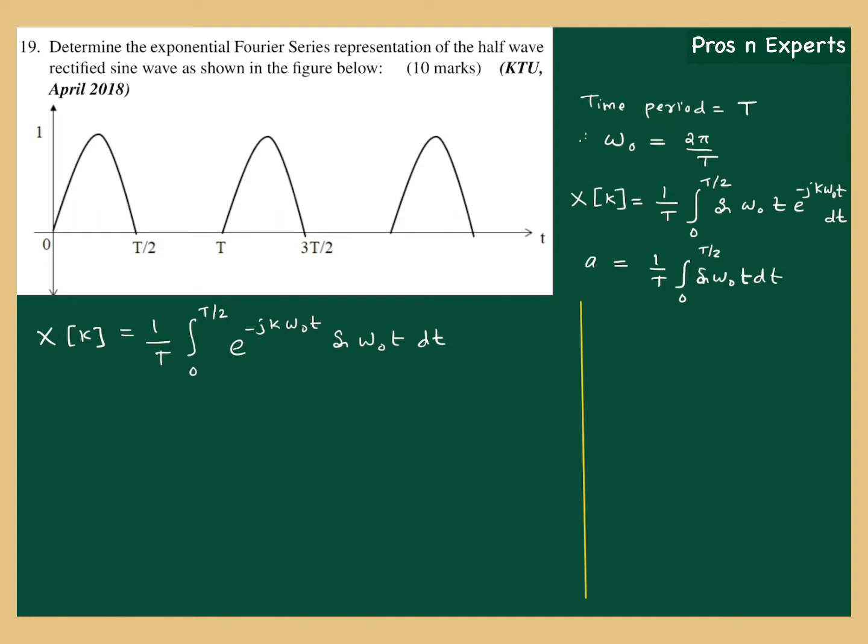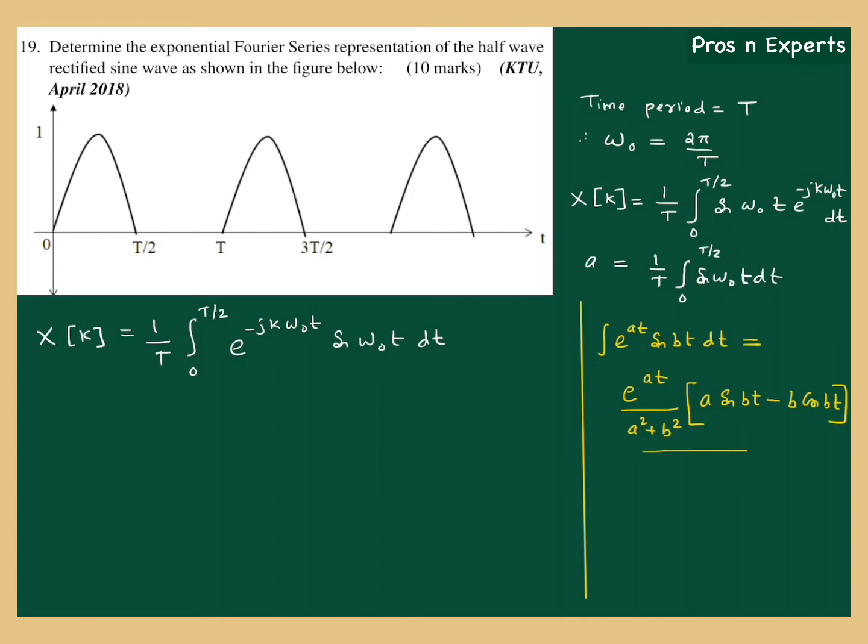So if the integral of e raised to at into sine bt dt is asked, you can remember this result. The value will always be e raised to at whole divided by a square plus b square, into a sine bt minus b cos bt.